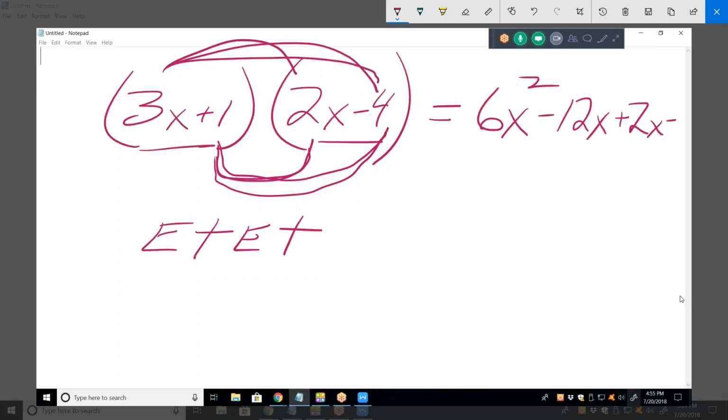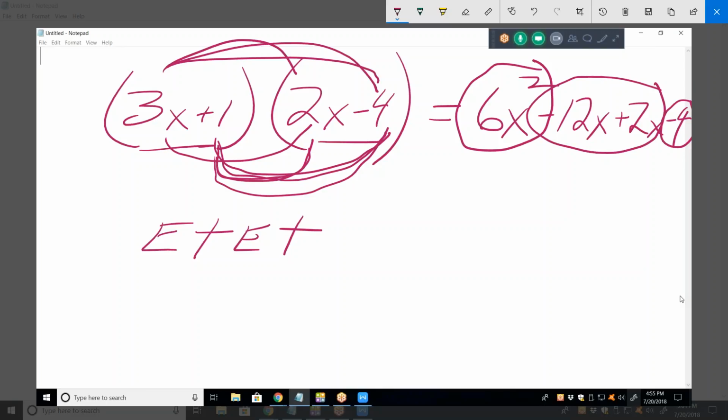Minus 4. Now notice that when we multiply these two terms, this term comes from just those two multiplied together, nothing else. The last term, the constant, without the variable, that comes from this plus 1 times minus 4, nothing else. But the two middle terms can be combined.